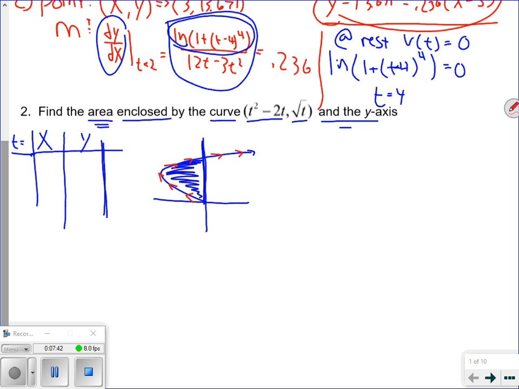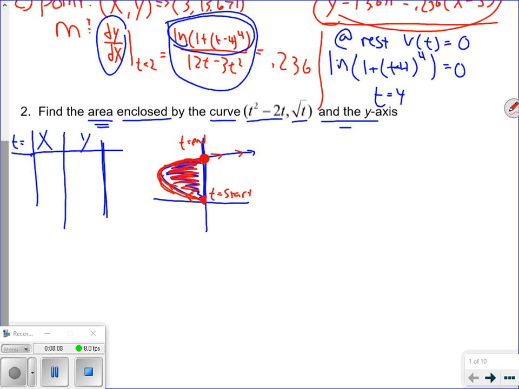So if I want to find the area enclosed by the graph, I need to have kind of like my starting point and then kind of my ending point here for t. T would be doing this. So I need to have a t start and a t end in order to do this. We start here, we end here, and it keeps going. So what t value is going to enclose this area?